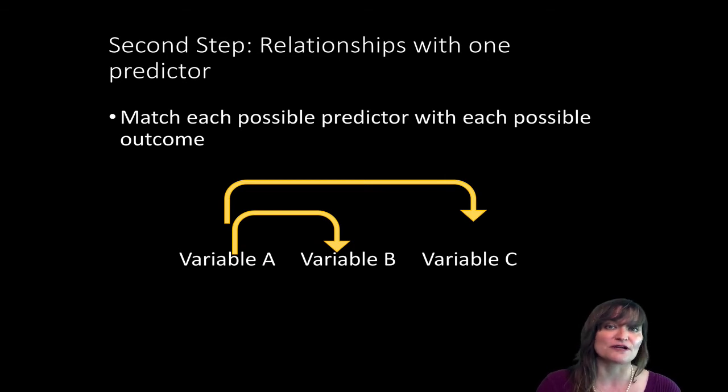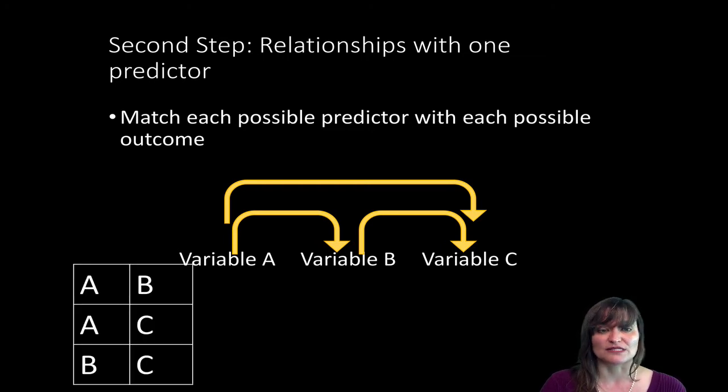And then the last possible comparison we can make is variable B related to variable C. And so here's how we would maybe summarize that: A to B, A to C, B to C. We want to just check that we're making all of the appropriate comparisons. Listing all of the possible comparisons is a great first step, but then to really critique and query, does this make sense? Is this sensible to compare this relationship?